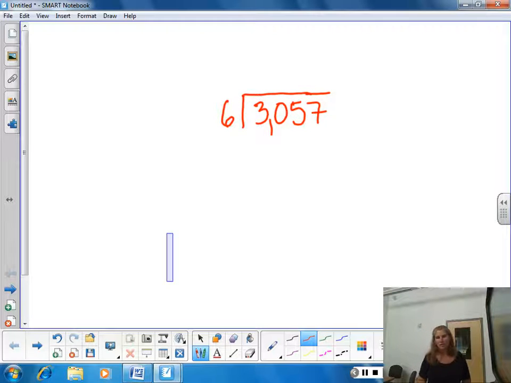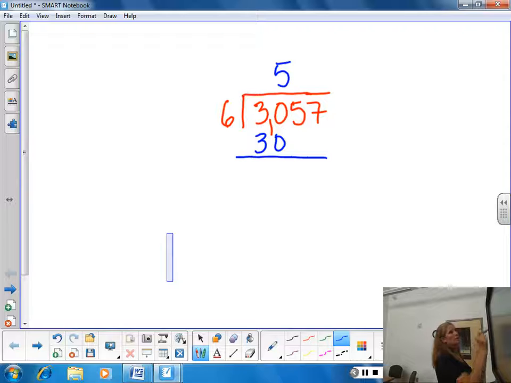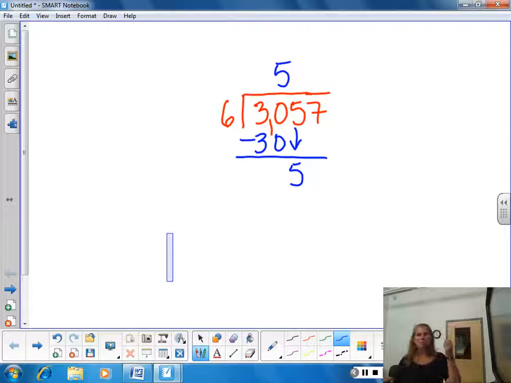The best thing you can do is to pause, try this one, come back and see if you get it right. Anyway, 6 doesn't go into 3, but it goes into 35 times because 5 times 6 is exactly 30. When I multiply that, I get 30. Subtract, that becomes 0, and I'm bringing down the 5. Because I brought 5 down, I got to put something up on top.